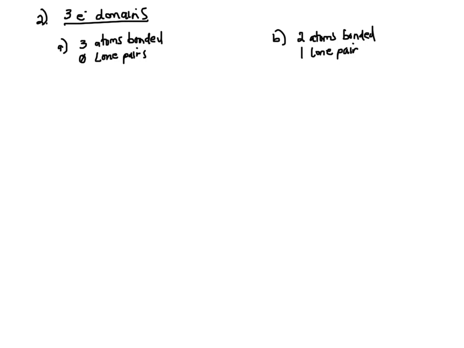So the next possible molecular geometry is based on having 3 electron domains around your central atom. Those 3 electron domains can either be 3 atoms bonded to our central atom and no lone pairs, or 2 atoms bonded and 1 lone pair, for a total of 3 electron domains in both cases.